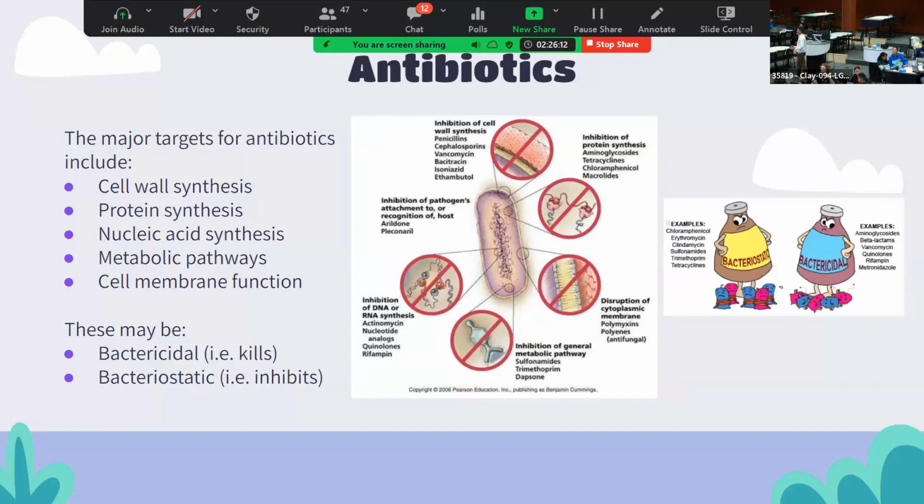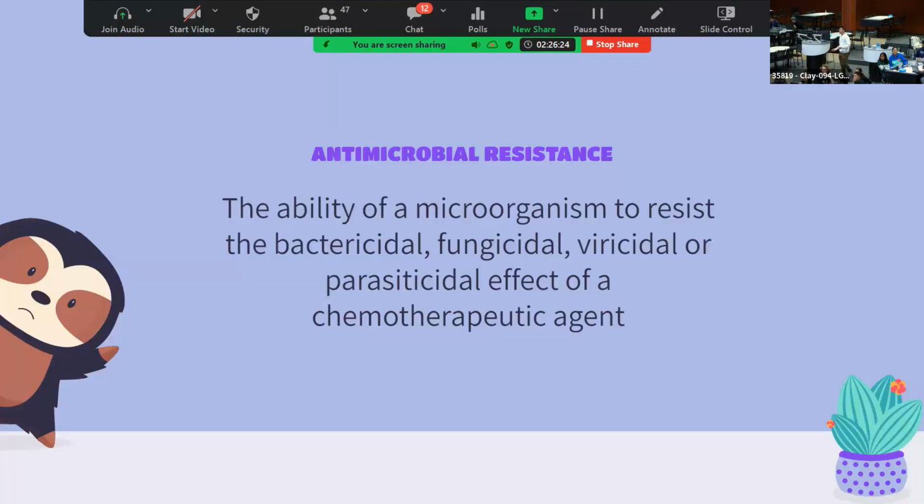And these may also be bactericidal, which kills the bacteria, or bacteriostatic, so it inhibits the bacteria. Doesn't kill it, but yeah. Right, antimicrobial resistance, just a definition, it's the ability for a microorganism to resist the effect of the antimicrobial, basically.